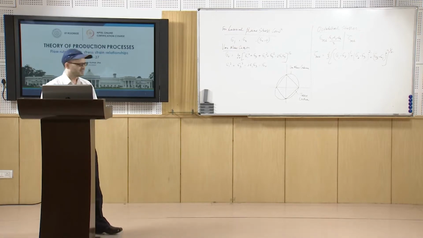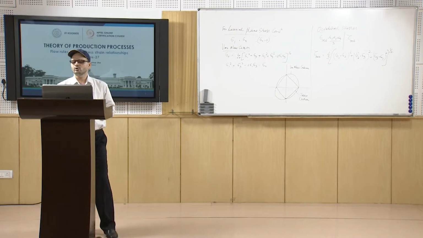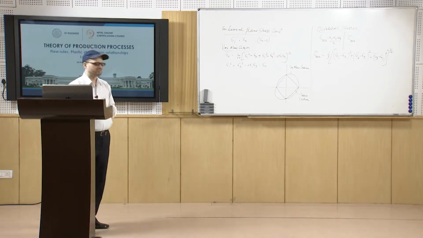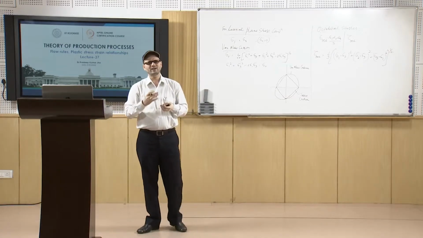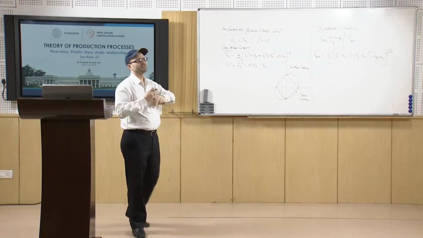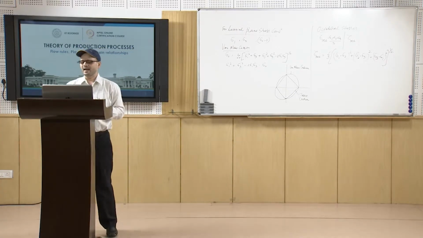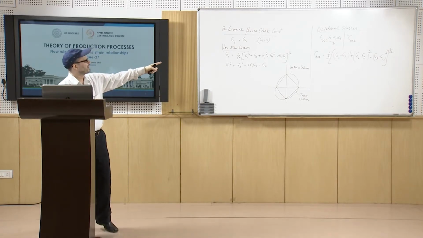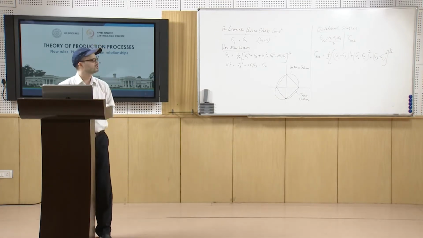It is assumed that when this value reaches the critical octahedral shear stress, yielding occurs. So, this value has to reach root 2 by 3 sigma naught.